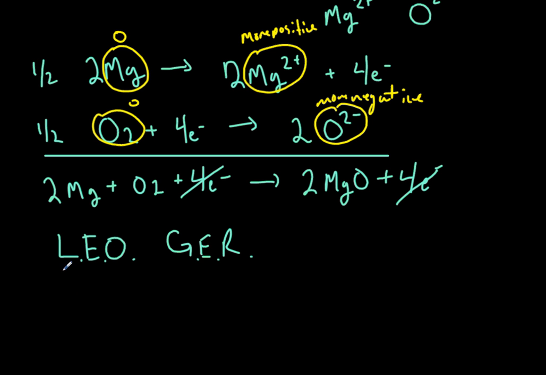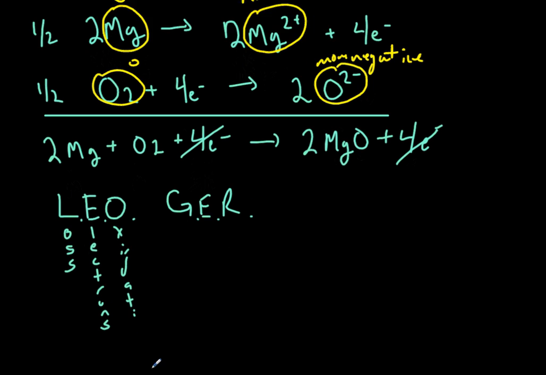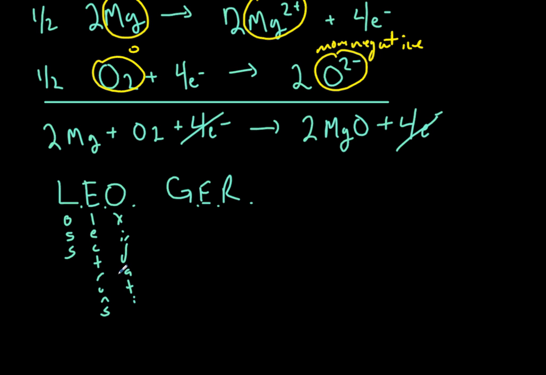So what we have here is loss of electrons is oxidation. What do you think the other side says? Gain of electrons is reduction.